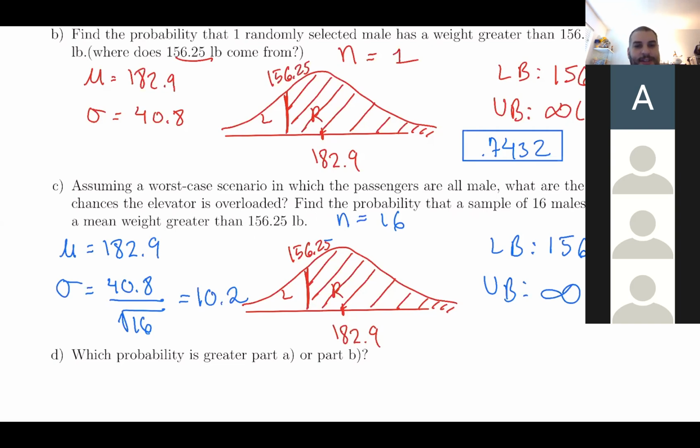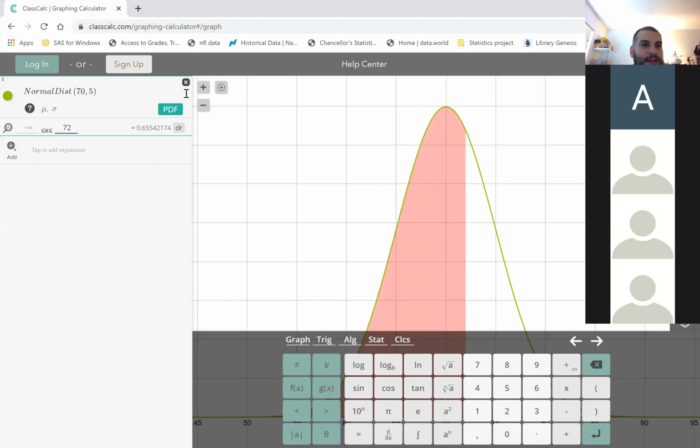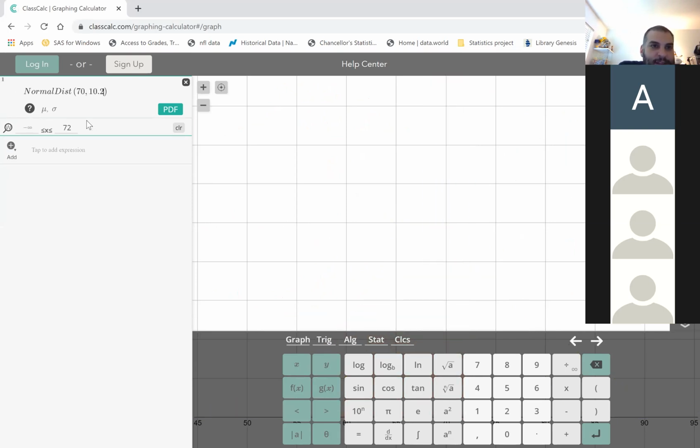Okay. All right. So what I'm going to go ahead and do now is do this in class calc. So in class calc, you can actually just adjust it. So I could put 10.2. For the mean, we could put 182.9.